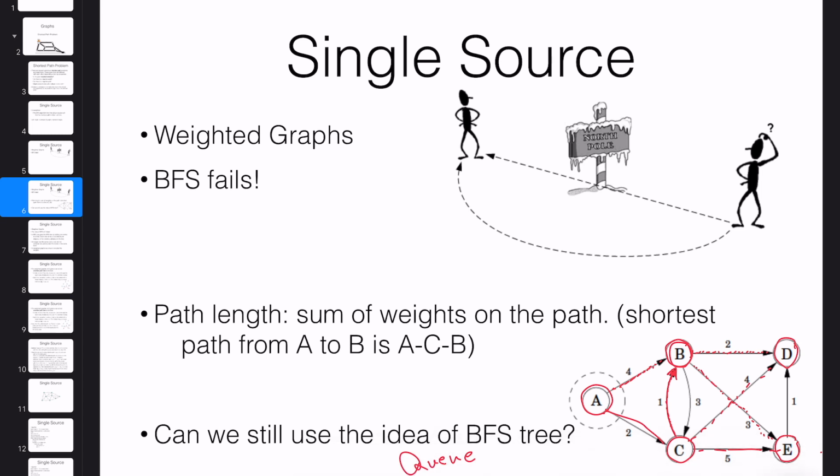So the cost of E is going to be 6. And then the node that will be removed from the queue this time is going to be the node D, which has the minimum cost.